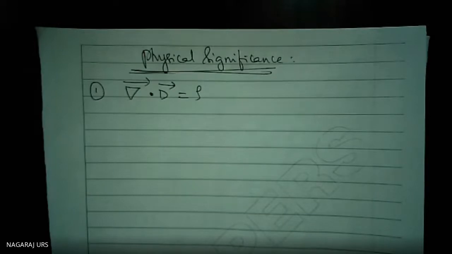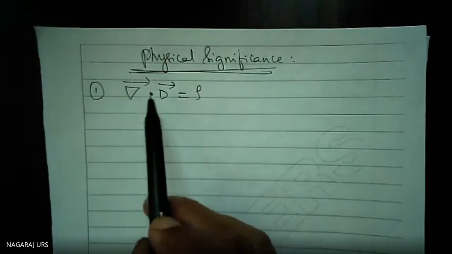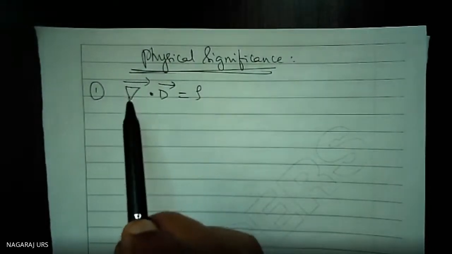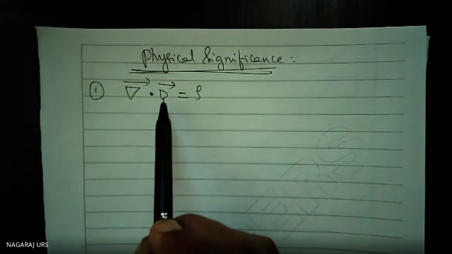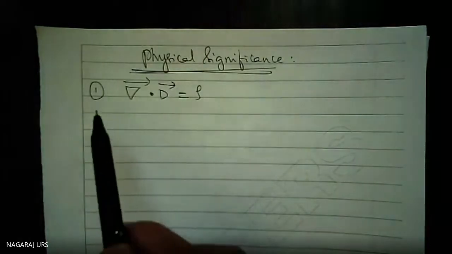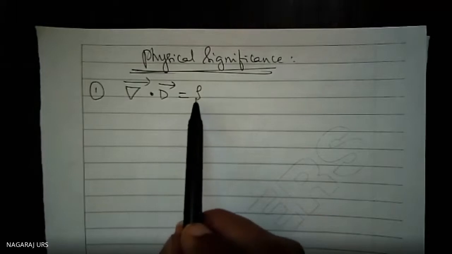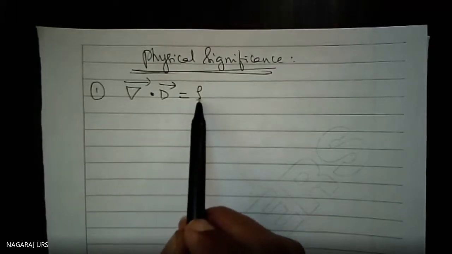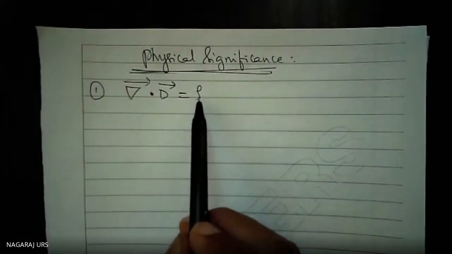The net outward flux of an electric displacement, the net outward electric flux of an electric displacement through a surface enclosing a volume is equal to the net charge contained in that volume, meaning charge density, of course. Number of charges divided by that volume is called the charge density.